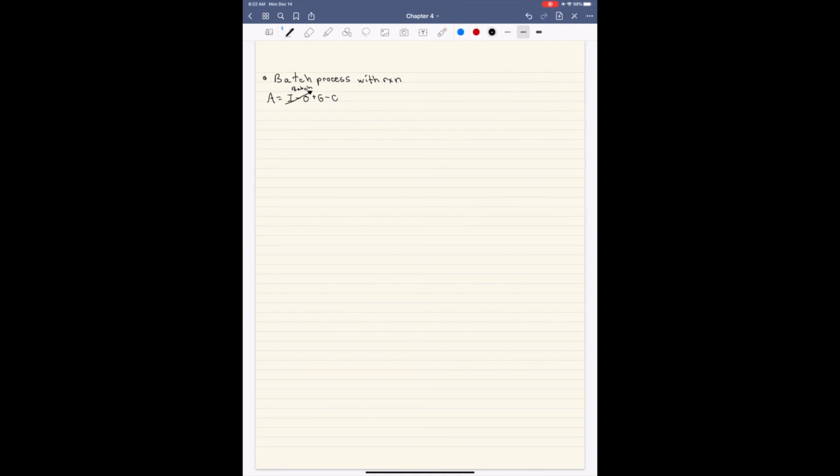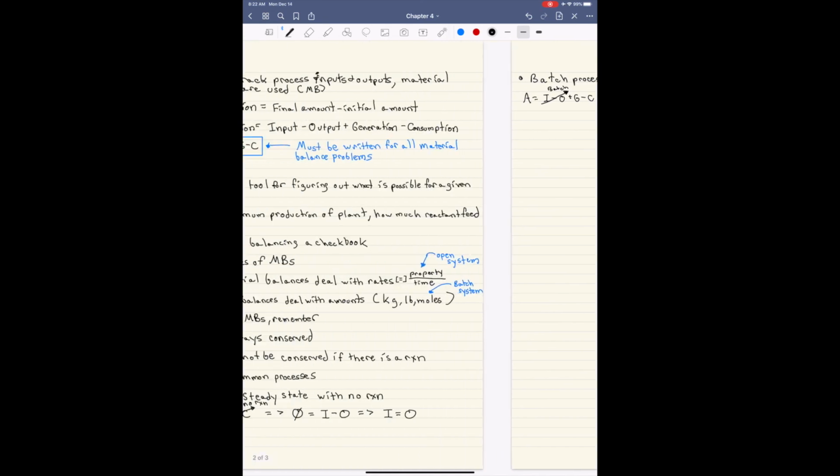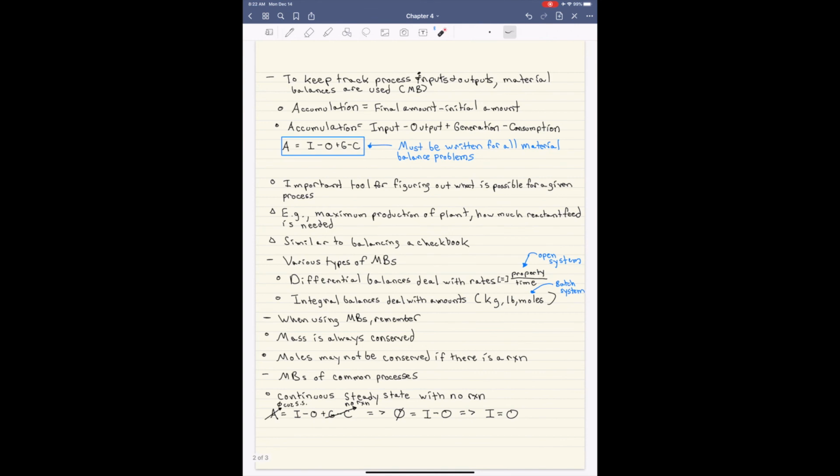All right? So we have some information, but we're still not quite at the point where we could use this tool to solve for mass amounts. Right? But what we need to remember is if we go back to the previous page, not only did we say accumulation was equal to this equation, but we also said accumulation, just by definition, is a final amount minus an initial amount.